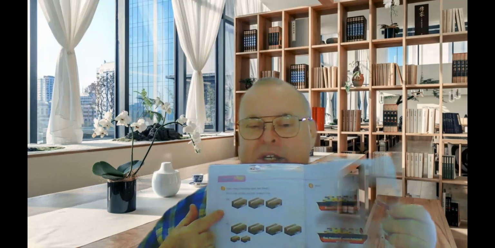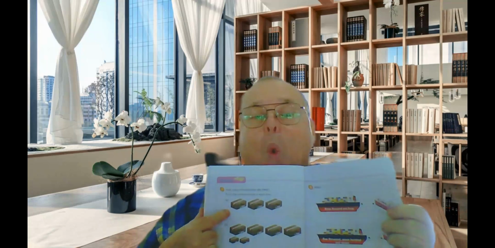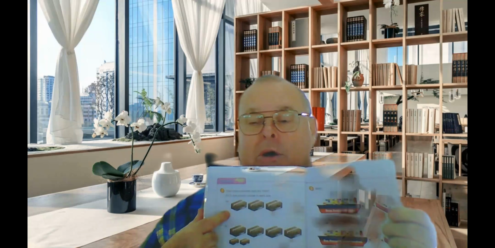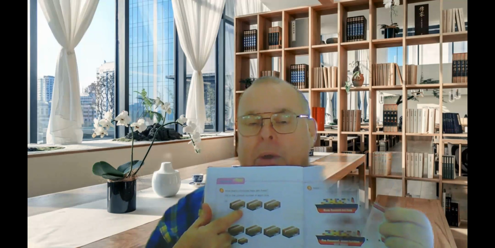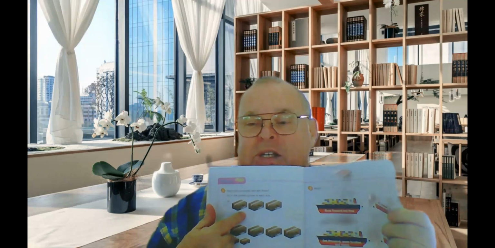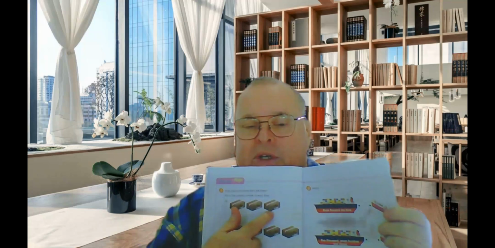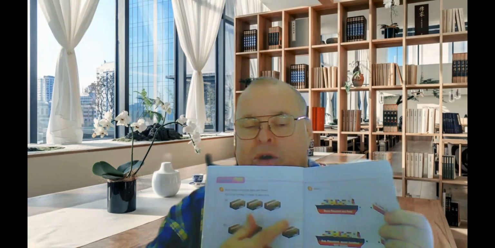And each box has got 1,000 on the box. So we have 1,000 chocolates, 2,000 chocolates, 3,000 chocolates. So in the little box at the end, you need to write your total. How many we have?